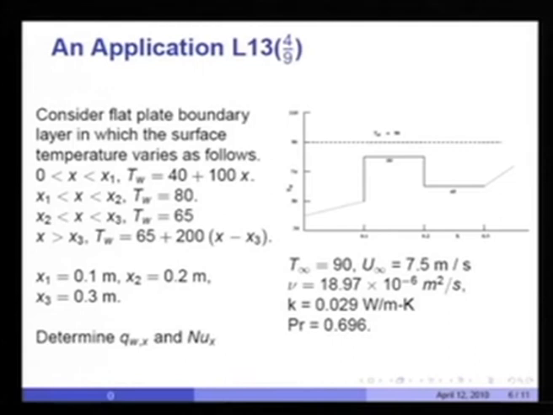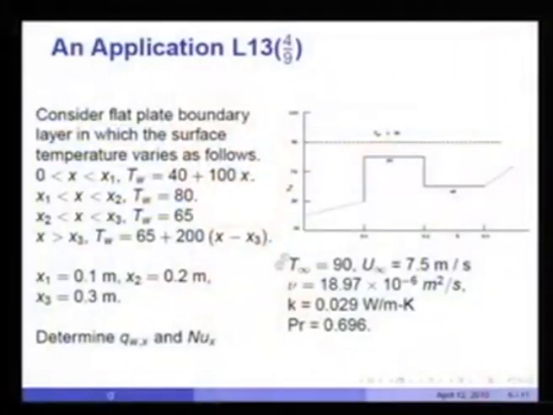It shows a flat plate boundary layer in which the surface temperature varies, for 0 to x 1, where x 1 is 0.1 meters, linearly as 40 plus 100 x. T infinity is 90. So, there is a hot gas flowing over a colder surface. Remember the temperature here is 40, it will change to 50 at x equal to 0.1.